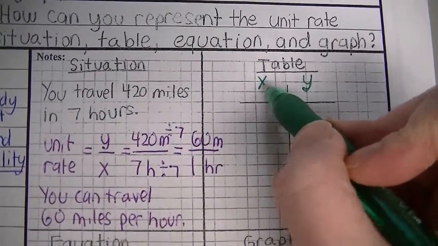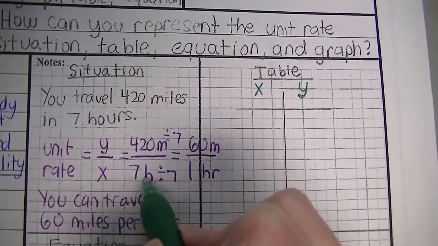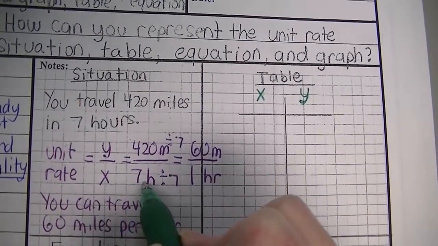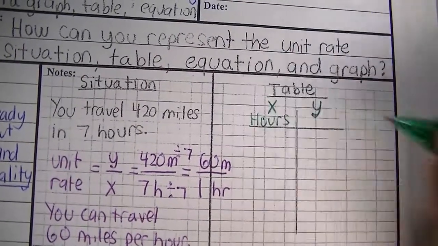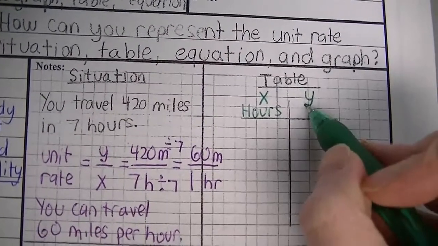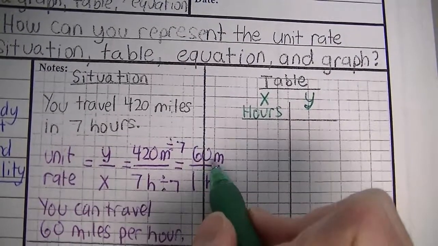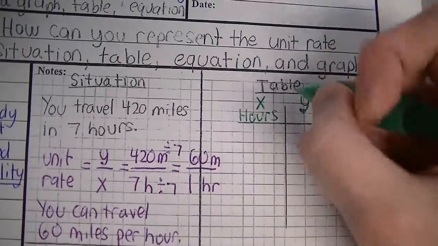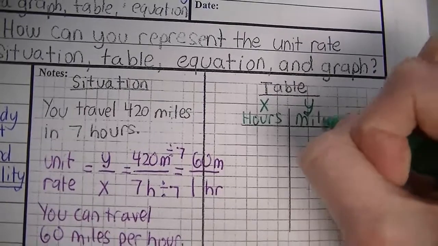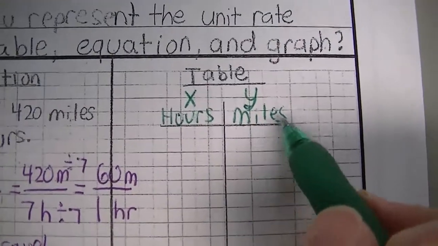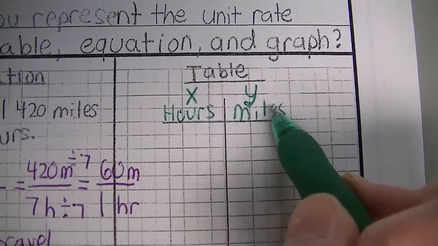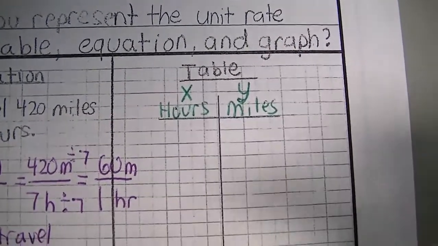And x represents hours. That's the independent variable. And then the dependent variable is y, and we had labeled that miles. So to hopefully make this make more sense for you, the miles that you travel depends on how many hours you're traveling.